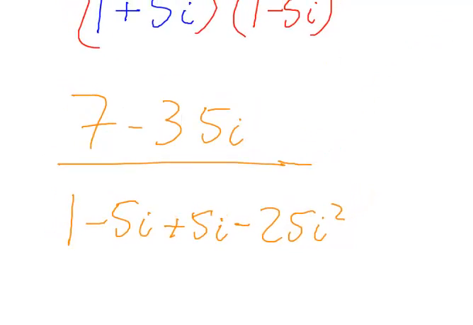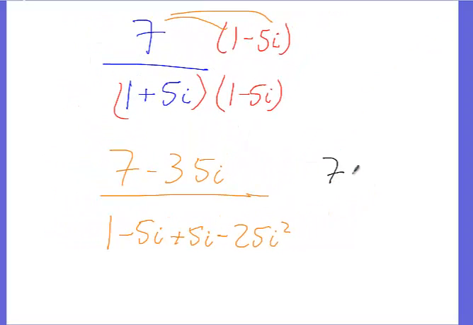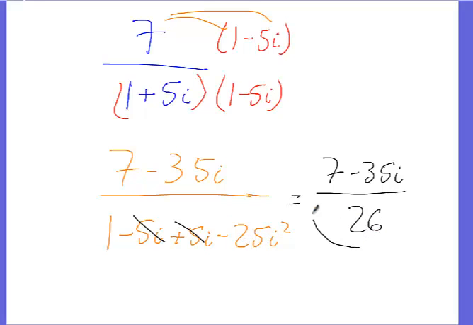To simplify, we're going to get 7 minus 35i over, these cancel. This becomes positive 25 plus 1 is 26. So your final answer is 7 minus 35i over 26.